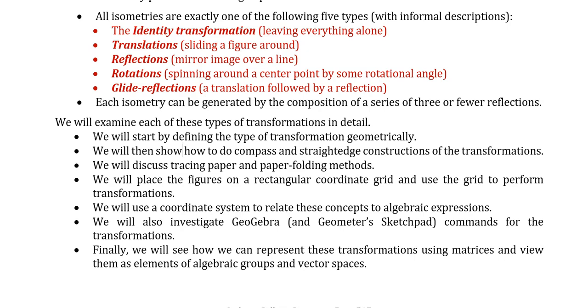We'll use a coordinate system to relate the concepts to algebraic expressions. We'll also investigate GeoGebra and Geometry Sketchpad commands for these transformations. And finally, we'll see how we can represent these transformations using matrices, and view them as elements of algebraic groups and vector spaces. That'll be coming at the end, so that's the more advanced stuff at the very end of the chapter.